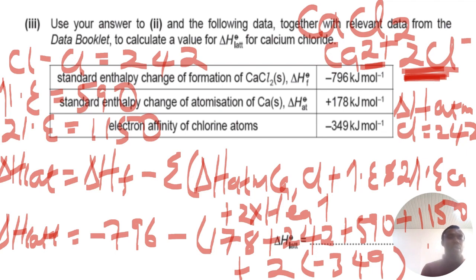So 178 plus 242 plus 590 plus 1150 plus 2 times minus 349. So this is what you get.